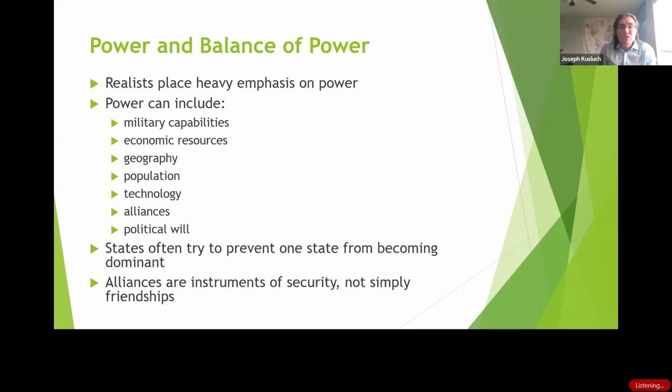The key features are the organizing principle of the system, which again is anarchy, the fact that states perform similar basic security functions, and the distribution of capabilities across states. Because no one else can fully be counted upon to provide security, states must provide for their own security.